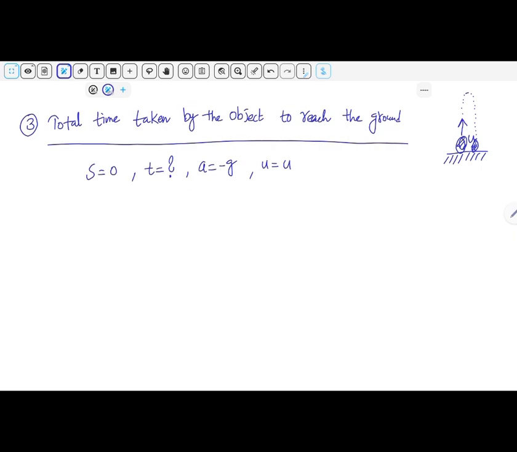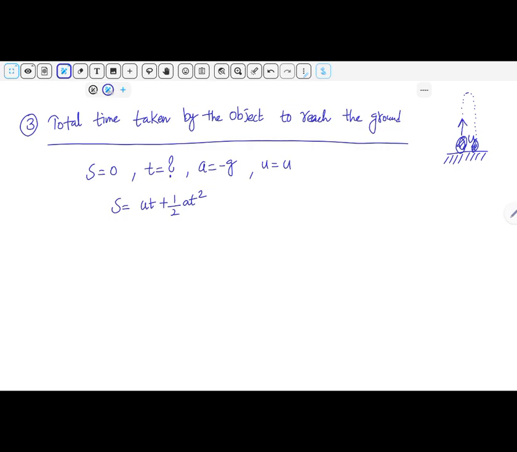So, the kinematic equation which is helpful to find the t value is s = ut + (1/2)at². Okay, so this is the kinematic equation that we can use.